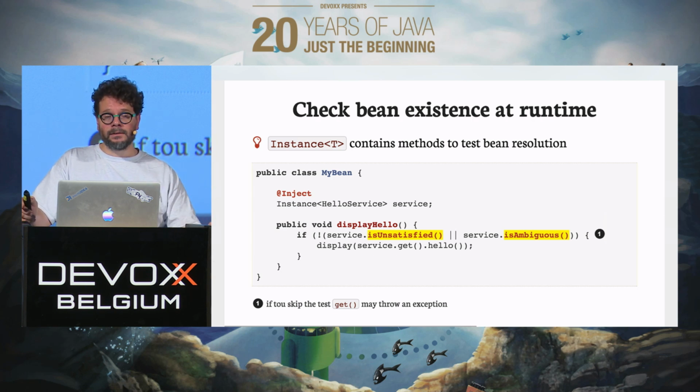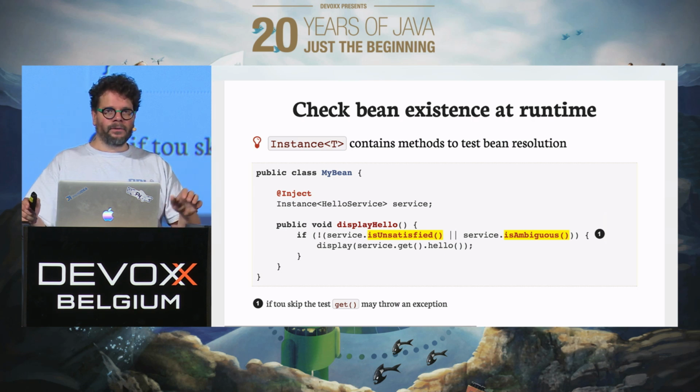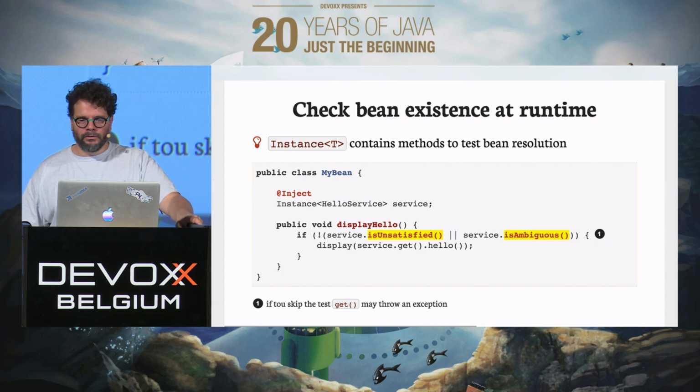Thanks to the Instance interface, you can check if the resolution is satisfied or not, or ambiguous or not. So you have methods to say, okay, is it satisfied, is it ambiguous? And you can decide, okay, there is no problem of resolution, I can ask for the bean. So that's a convenient way to avoid a crash at boot time.